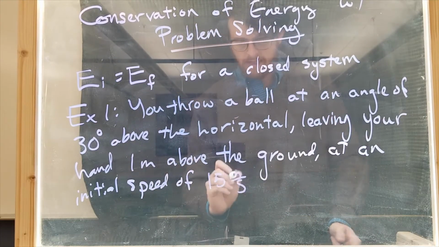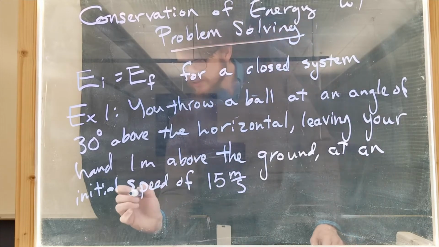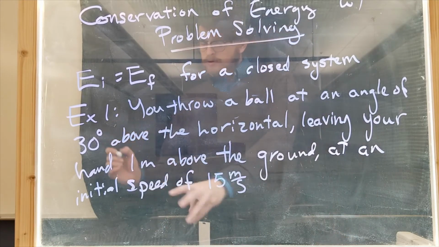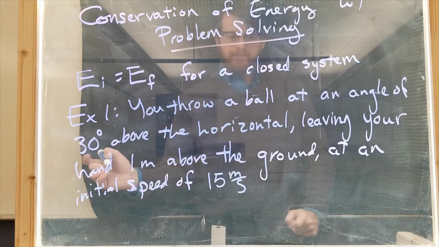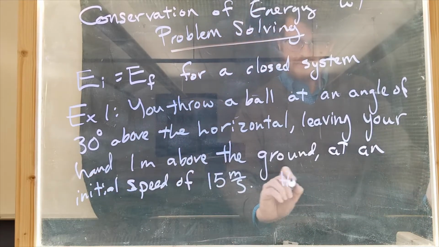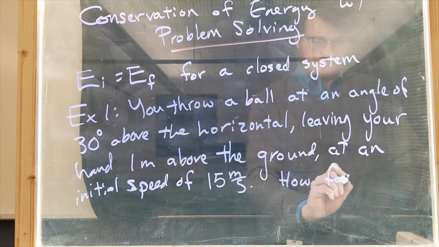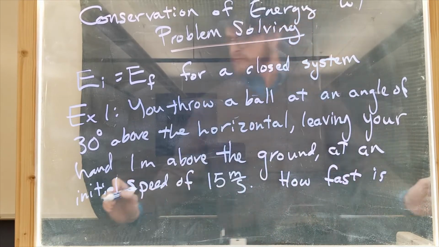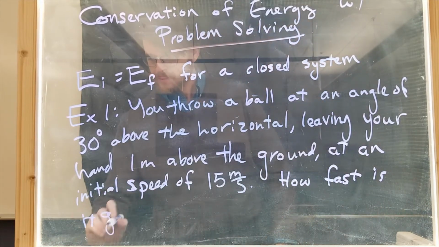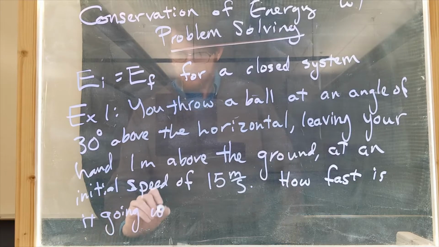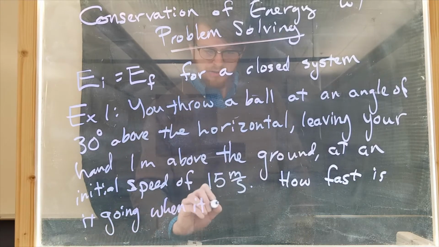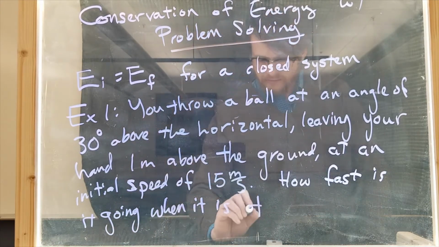It's about 30 miles an hour. It's a good chuck, but it's possible for most of us. So how fast is it going when it is 4 meters off the ground?